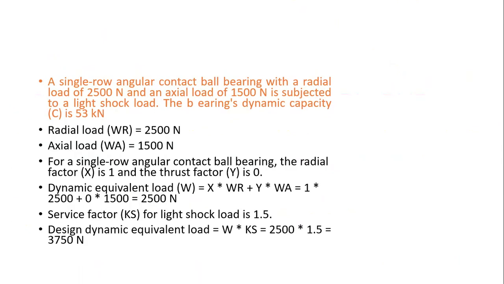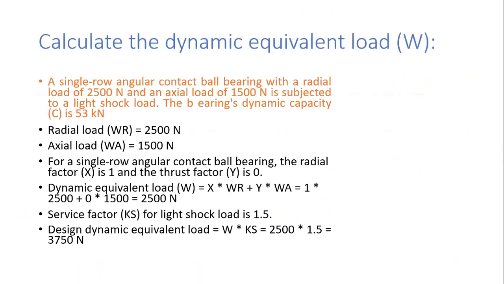Now we will discuss this simple example. Consider a single row angular contact ball bearing with a given radial load of 2500 Newton and axial load of 1500 Newton, which is subject to a light shock impact load.